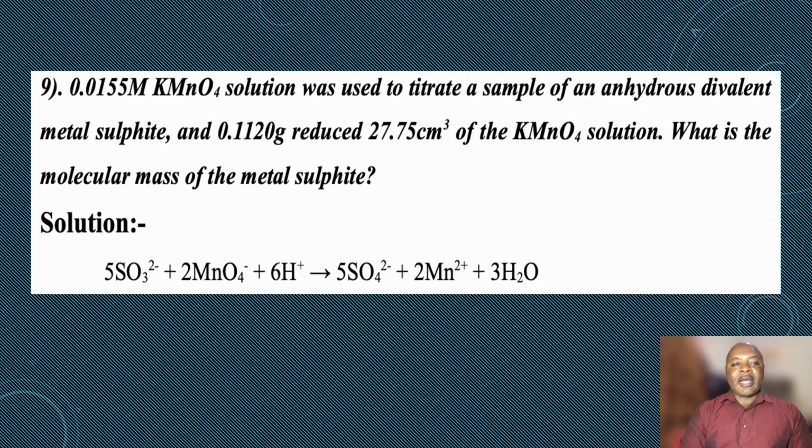Writing your redox equation is very, very important. If you can write the redox equation for the sulfide and the acidified manganate 7 ion, then you are halfway gone, because after writing the equation, the next step follows.